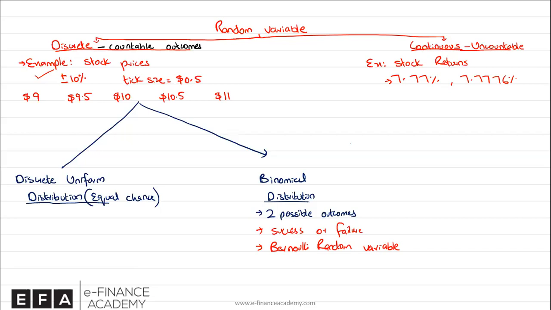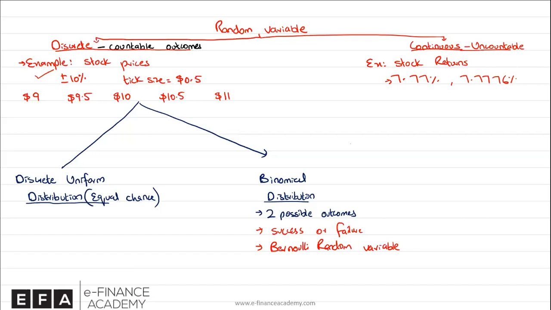A simple example of a binomial distribution could be that of a coin toss. When we toss the coin, this can be considered as one trial. And when we toss the coin, we have two outcomes only. One is a head and the other is a tail. We can consider head as success and tail as failure. So the Bernoulli random variable will be the outcome of the coin toss.